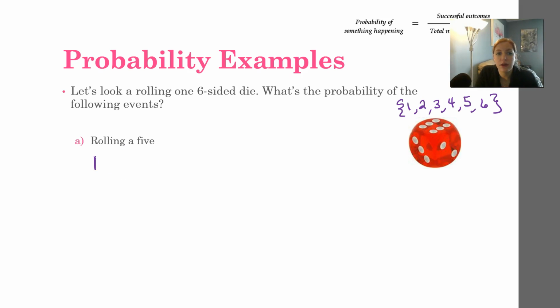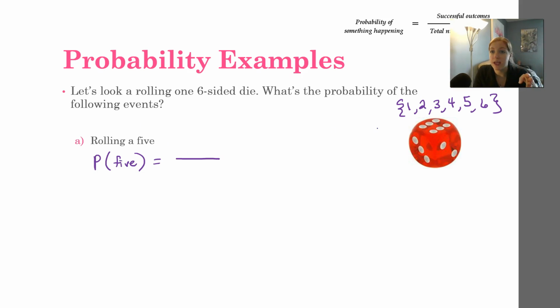So we start off with our format, P parenthesis, name of the event, which is rolling a 5. You can loosely describe your event inside those parentheses. It doesn't have to be specific. So the probability of rolling a 5, the top number is the number of ways to get that event.